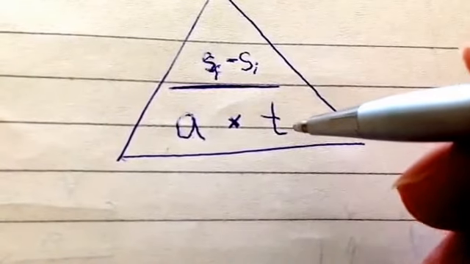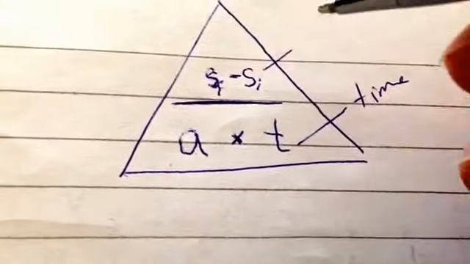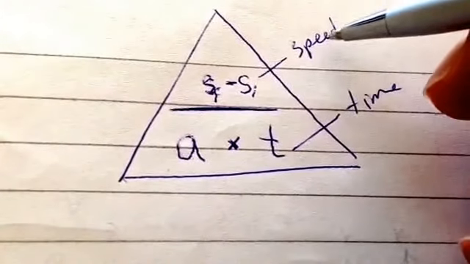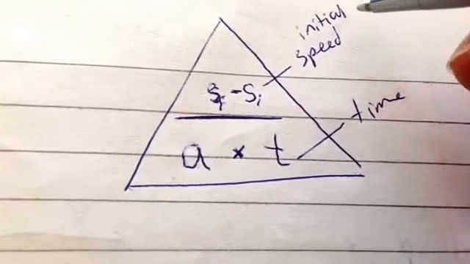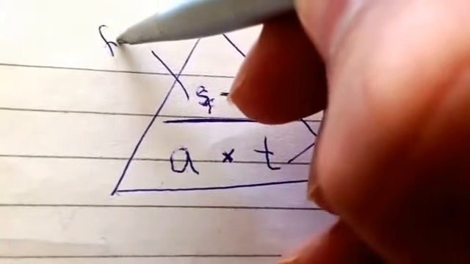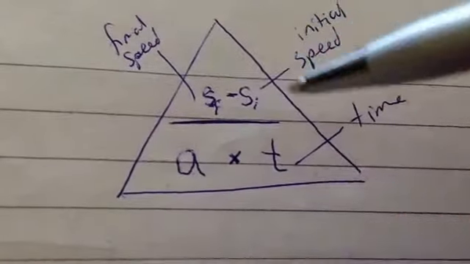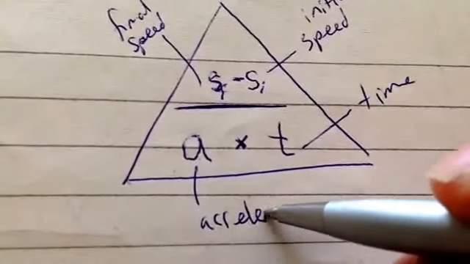So let's just make a note here. Time, change of speed. So we have speed initial. This means the speed it starts at. And then we have the final speed, the speed it ends at, and of course we have the acceleration.